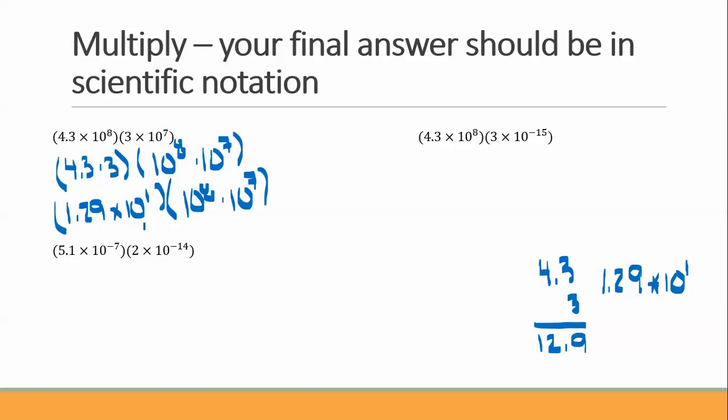Anything with the same base, so all of these have 10s, and multiplication, we can add our exponents. So our final answer is going to be 1.29 times 10. We have 1 plus 8 plus 7 is 16.